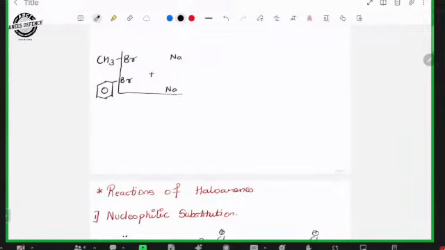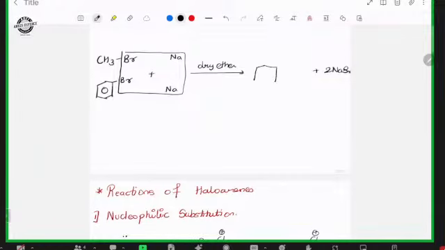This Br and this Na will react, so the byproduct which I'm going to get is 2 moles of sodium bromide. This CH3 and this benzene will join each other and combine to form, what is the name of this product? Methylbenzene, and the common name is toluene.